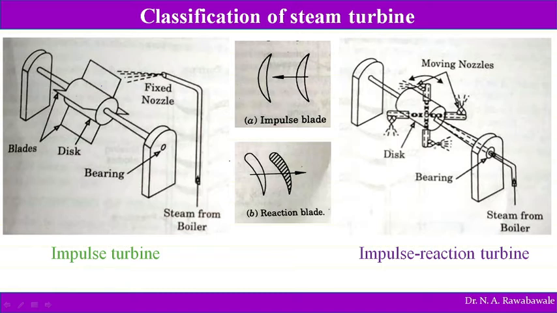Now let us see what the impulse turbine is and what the reaction turbine is. In an impulse turbine, the steam comes out at very high velocity through a fixed nozzle. Here you can see this is a fixed nozzle. Steam comes out from this nozzle at very high velocity and impinges on the blades of a rotor.